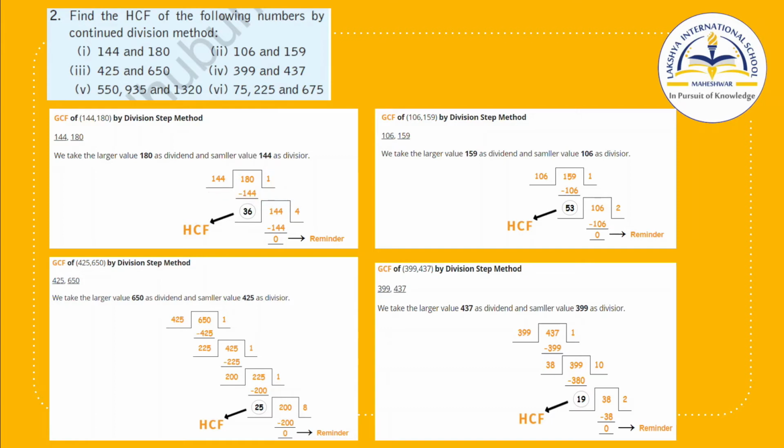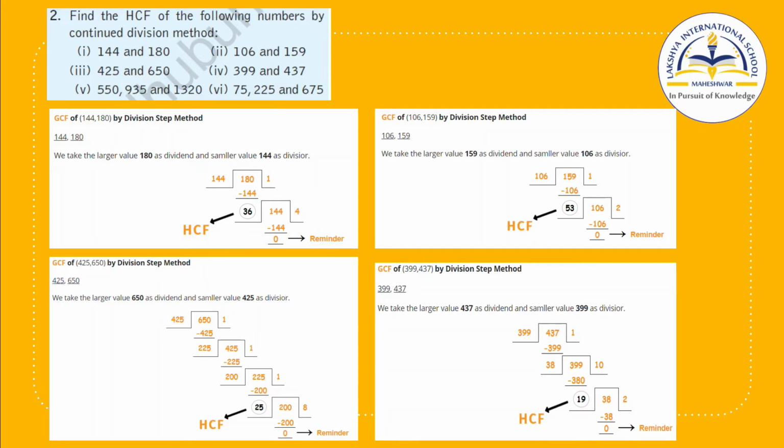So we will divide 180 by 144. Here one time, and when we subtract 180 minus 144 we will get 36. Then again by 36 we have divided 144, then we will get 0 as our remainder by 4 times. So 36 is our HCF.